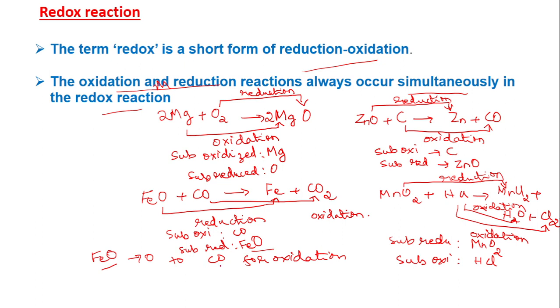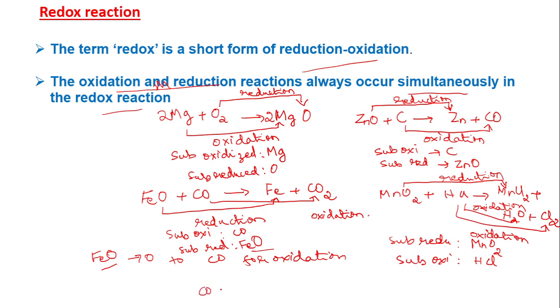Next is reducing agent. Reducing agent means substance undergoing oxidation. Substance undergoing oxidation, that substance will be acting as a reducing agent. Reducing agent means substance which readily takes oxygen.